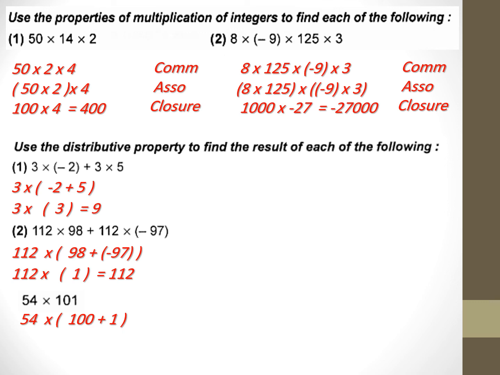Now we will distribute: 54 times 100 plus 54 times 1. By using a calculator or without it, 54 times 100 equals 5400 plus 54 times 1 equals 54. The final result will be 5454.